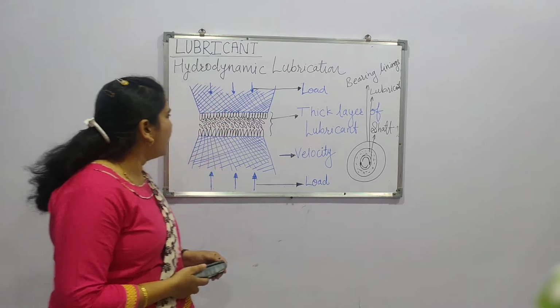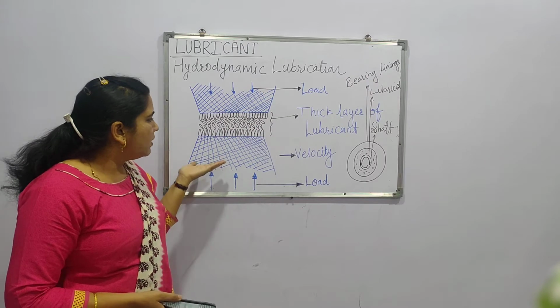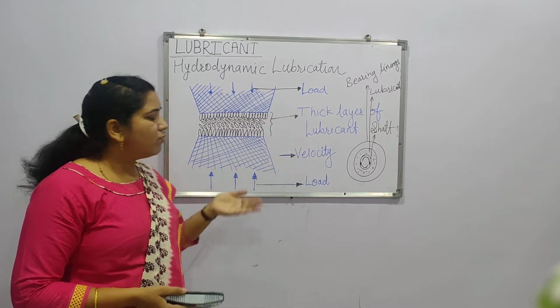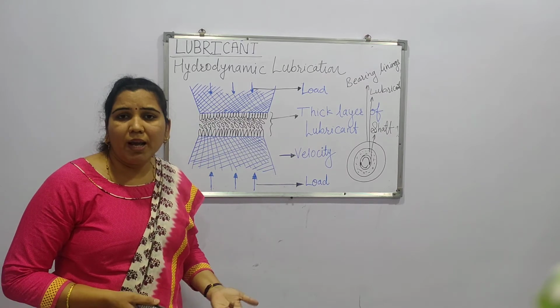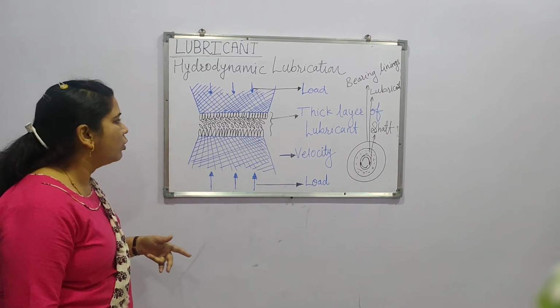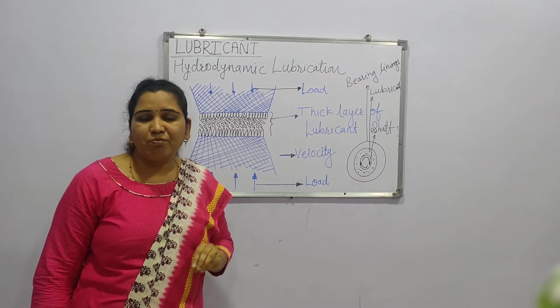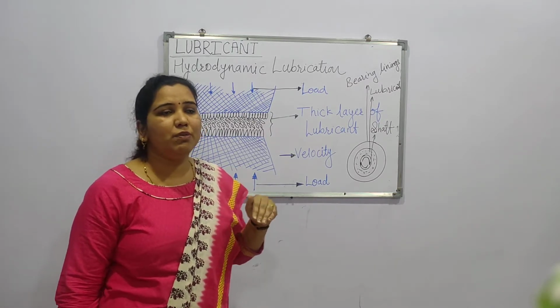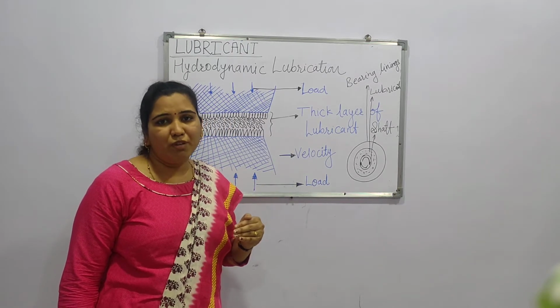You can see here a diagram in which there are two moving or sliding surfaces. These two surfaces have velocity in one direction, or they may have velocities in opposite directions. In between them the lubricant is introduced, between the two sliding or moving surfaces, to remove the friction.